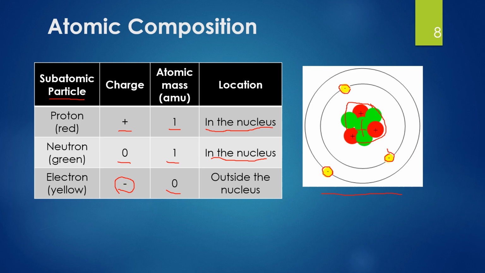So we have a positive center. Now we know that opposites attract, and electrons are negative, so they're the opposite charge of that positively charged nucleus. So they're attracted to it. That is what causes them to orbit around that positive center because of that opposite attraction.